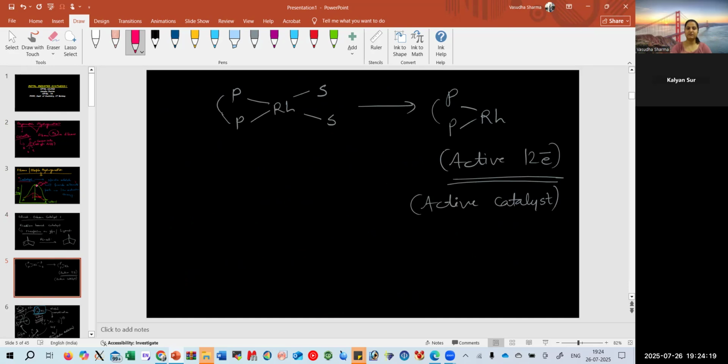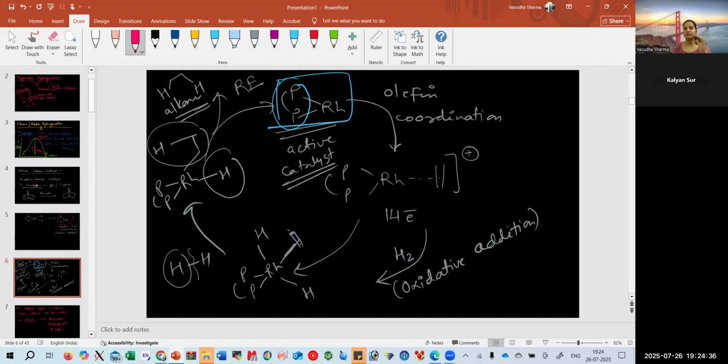So basically, this is the catalyst and it will have two solvent molecules coordinated to it. We know something called the active catalyst, which actually participates in the cycle, and this is your active catalyst, which is the 12 electron species having space for coordinating the olefin. So basically, the mechanism starts in this way: we use the active catalyst, and there, when we have a space and it is electron deficient also, the olefin comes and binds with the rhodium, giving it two electrons.